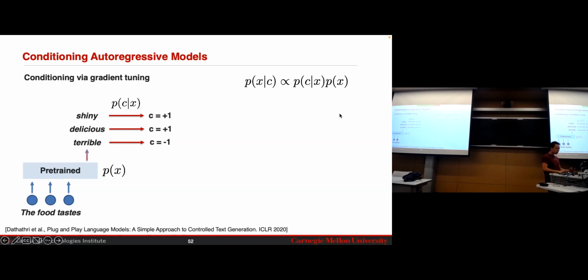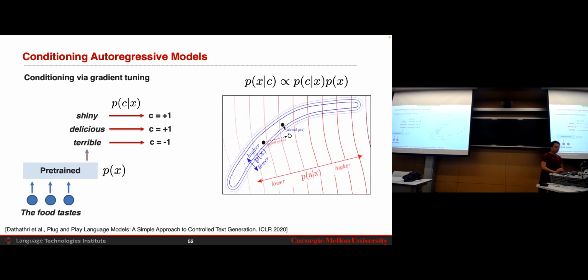And P of X is just my unconditional language model. So ideally, if I want to maximize P of X given C, I want to maximize both P of C given X, the likelihood of actually predicting the right attribute, like positive sentiment, given my completion, and also maximize P of X. I still want my completions to be fluent, just in language model space.